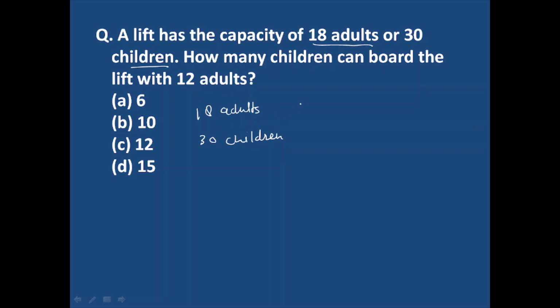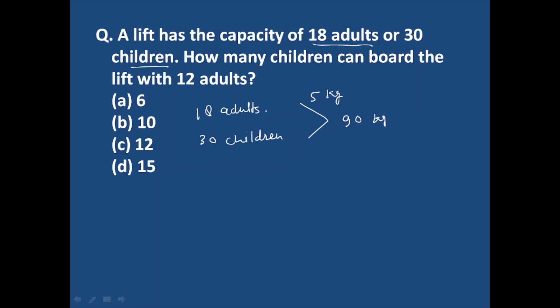It means this is the capacity of the lift. So we will find the LCM of 18 and 30, and it will give 90 kg. So the total capacity of the lift is 90 kg. Now what is the weight of each adult? 90 divided by 18 means 5 kg.